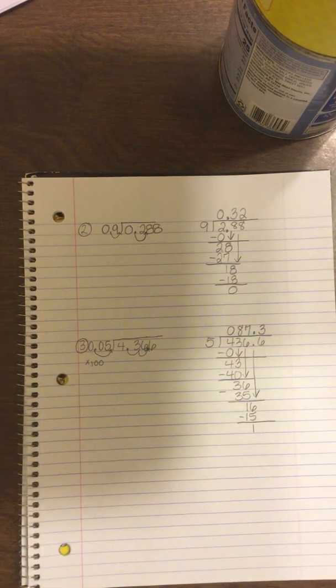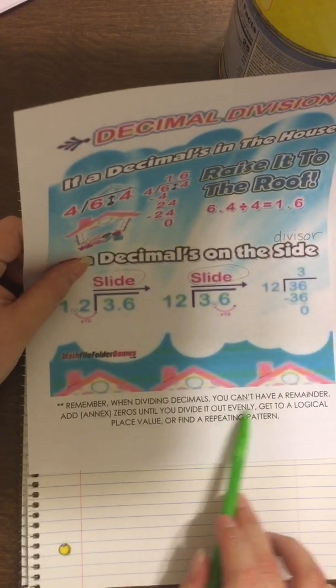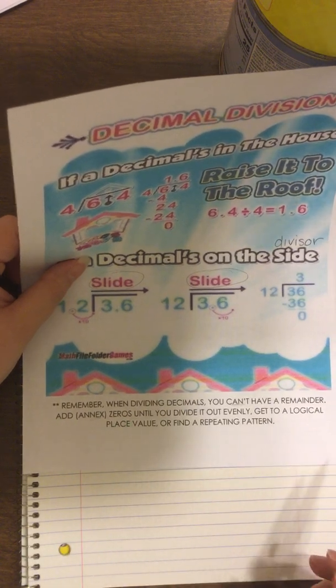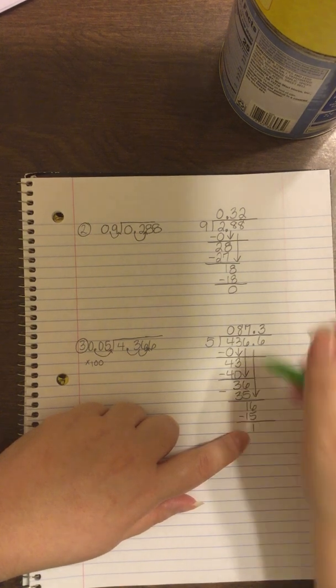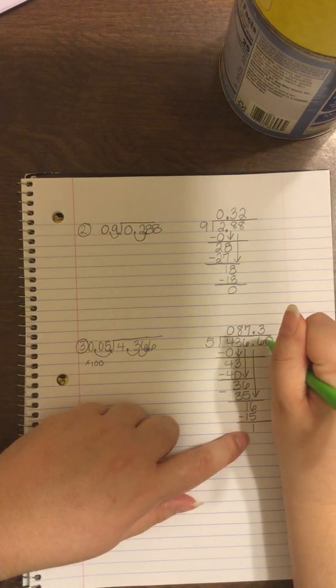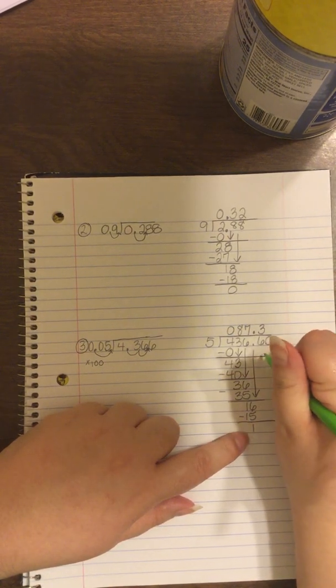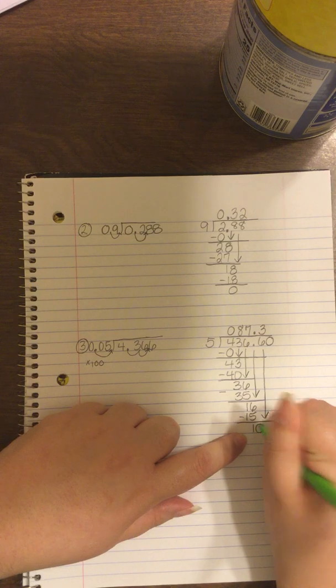Now, do you remember, boys and girls, on the anchor chart it says here, remember when dividing decimals, you can't have a remainder. Add zeros until you divide it out evenly. I can't leave this 1 here. So I'm going to have to add a 0 to my dividend. Doesn't change its value. It just gives me another number to divide into.